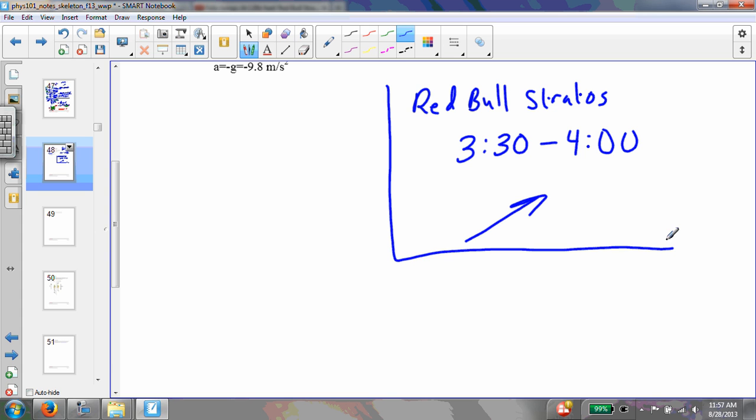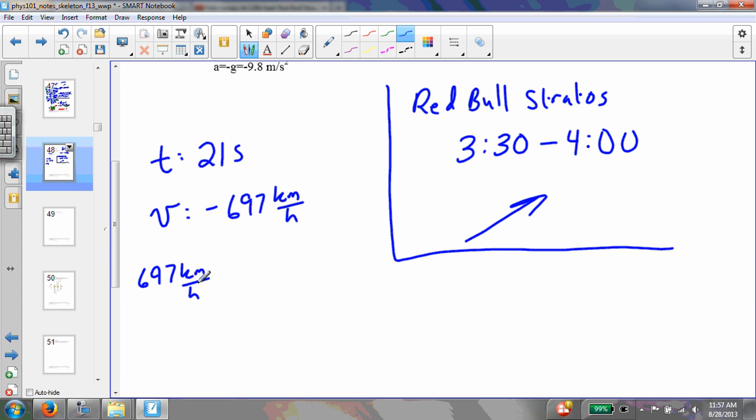All right, so on the video, at t equals 21 seconds, we find that his velocity or his speed is downward at negative 697 kilometers per hour. Now I want to convert that into meters per second, so let's go ahead and do that here. 697 kilometers per hour.